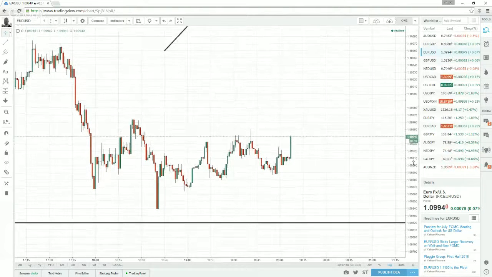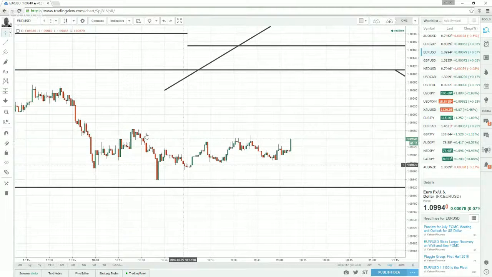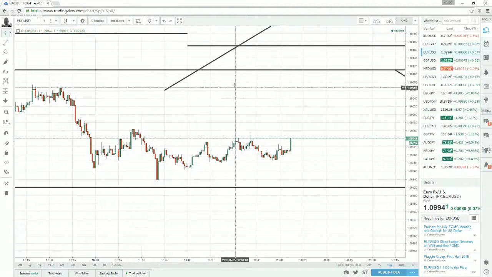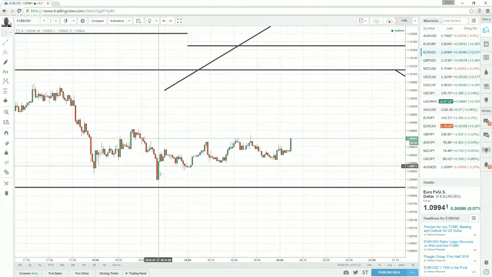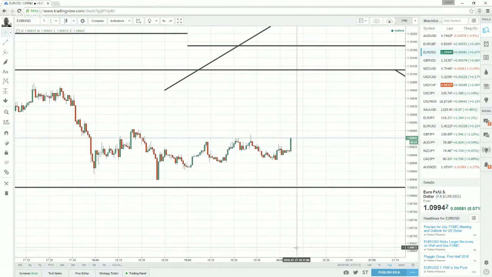First of all, we do have a channel here, as you can see, on the 1 minute. So it's a high, it's a low. Closing above, the price will continue its up movement towards here at least. Closing below, it will possibly break through this level and continue its down movement.